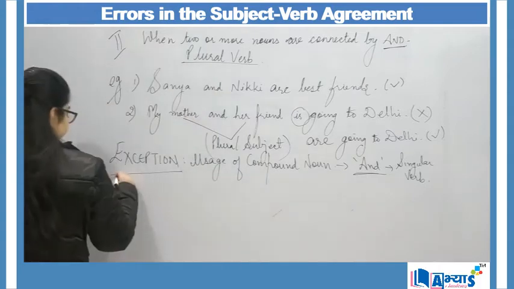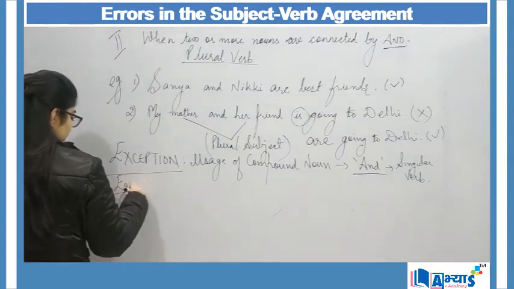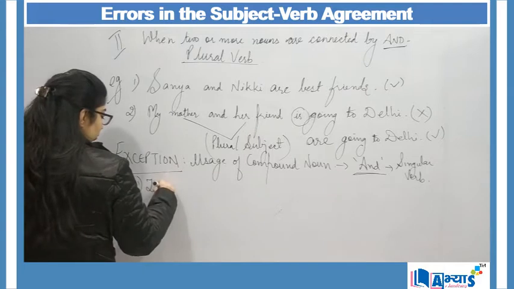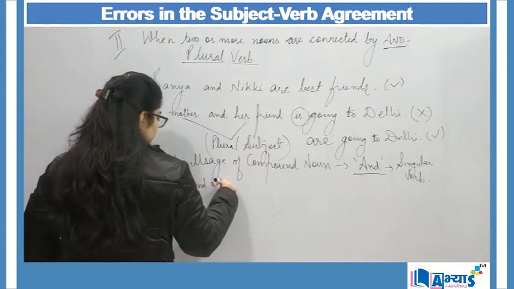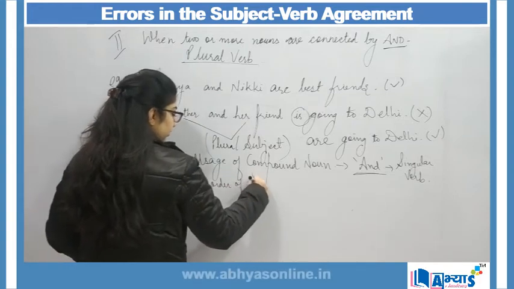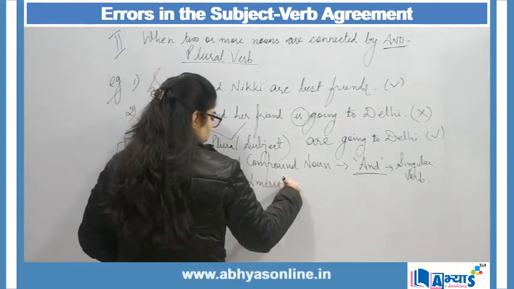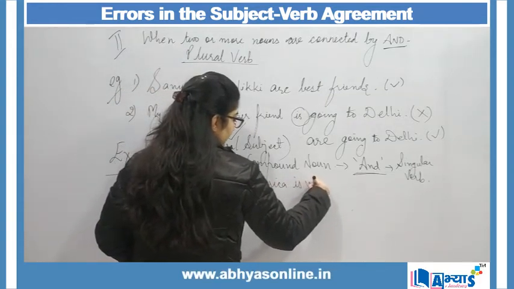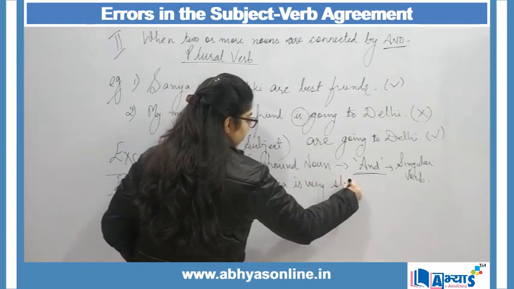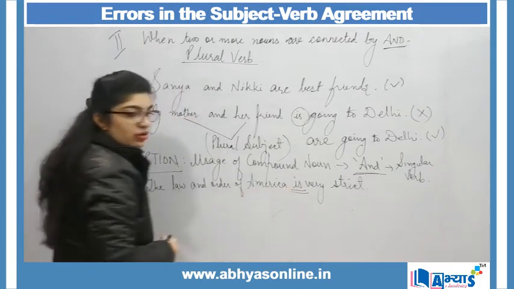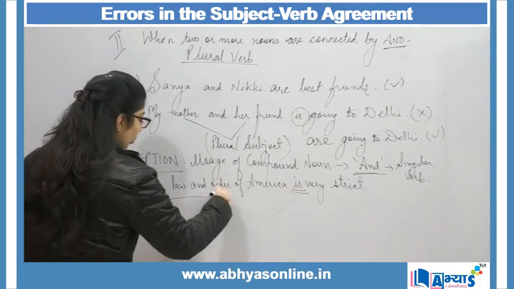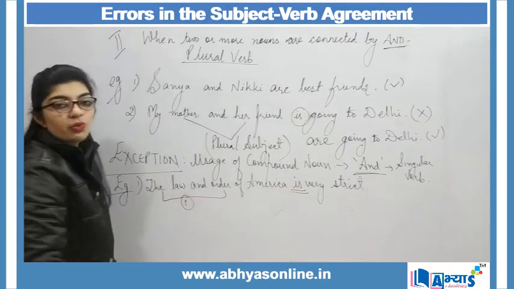Example: the law and order of America is very strict. Why am I making use of is over here? Because law and order is considered to be one.